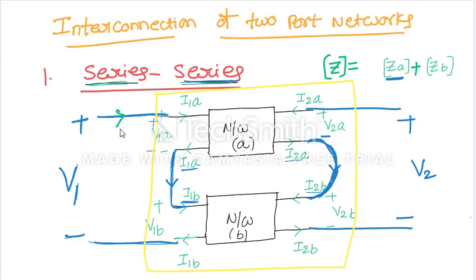Now this current is I1A, and this current is also I1A. This current is I2A, and this current is also I2A.